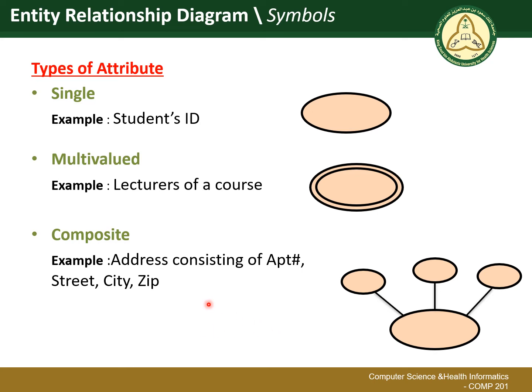So we can represent the address with the large oval, and from the large oval we will have these small ovals for each sub-attribute of the composite attribute, the attributes branching from the address. So we will have an apartment number here, and we have the street here, and the city here, and we can have another one for the zip code.